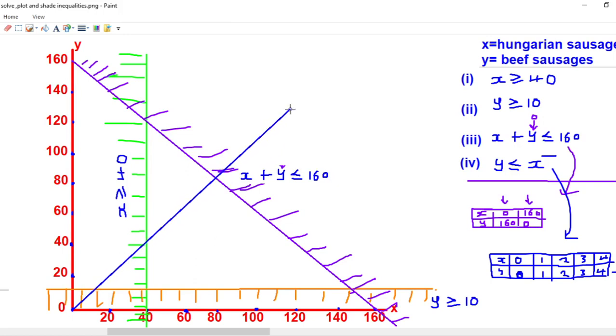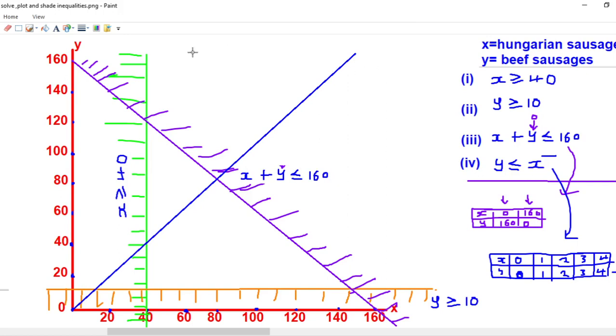I think it will be somewhere here. Here I'm just giving you the concept. If you are using the graph paper, you are going to do the right thing. You are going to get exactly the right things.